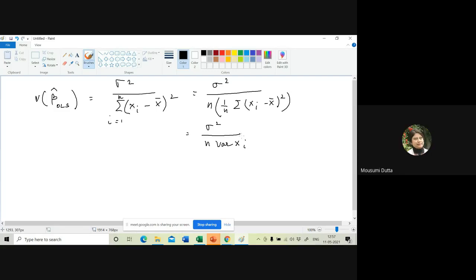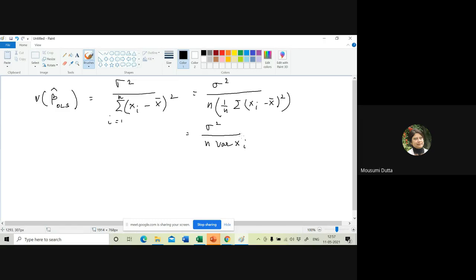Next, please take a note. If we delete central observations and consider only the extreme values of x, variance of xi will increase.